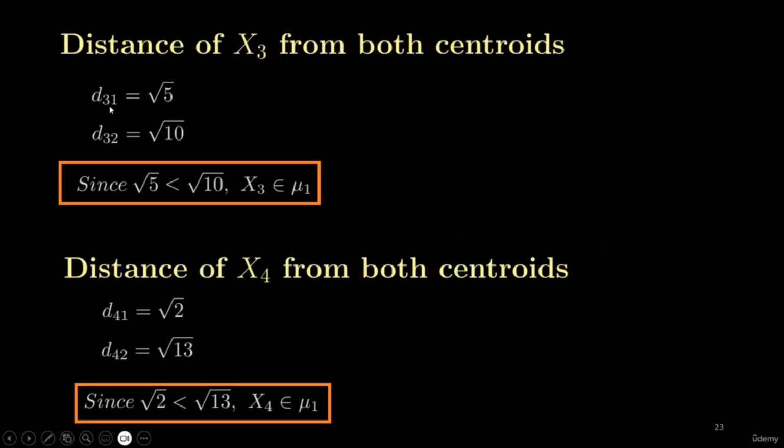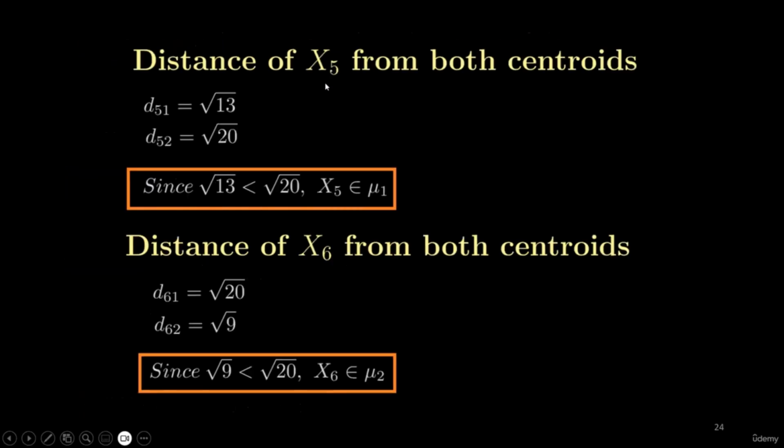For x3, D31, the distance of data sample 3 with the first centroid is root 5 and with the second centroid is root 10. Since root 5 is less than root 10, therefore x3 belongs to mu1. Similarly, x4 also belongs to mu1 because its distance with mu1 is less than with the second centroid.